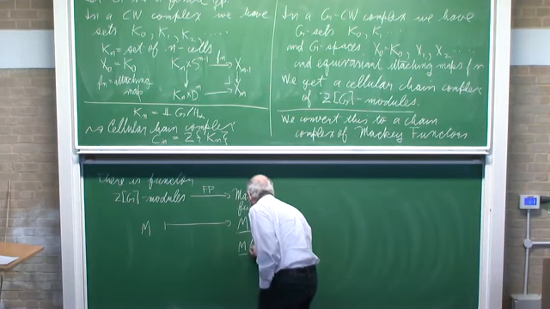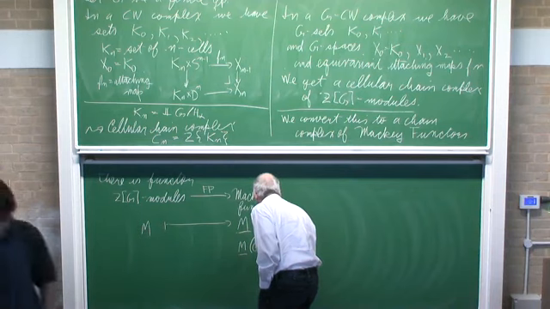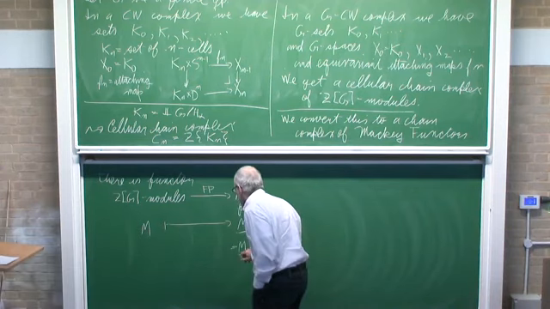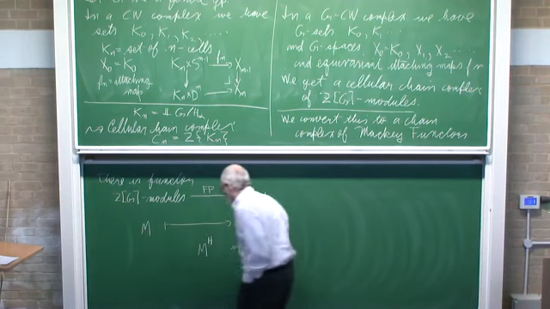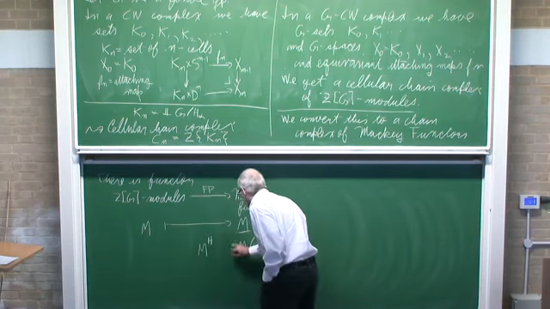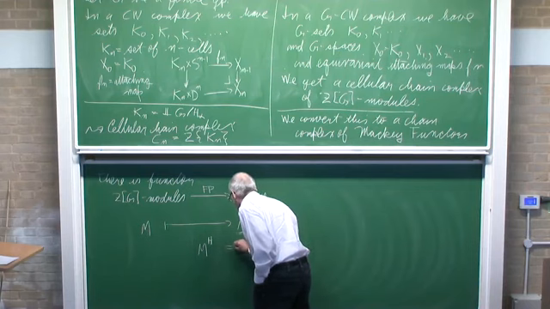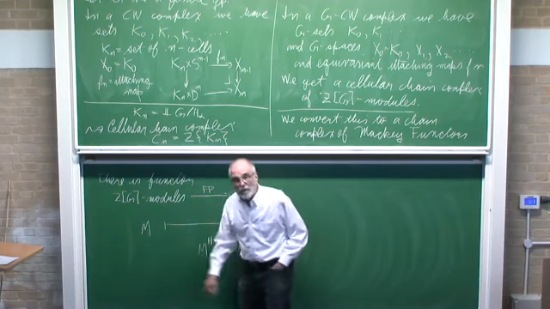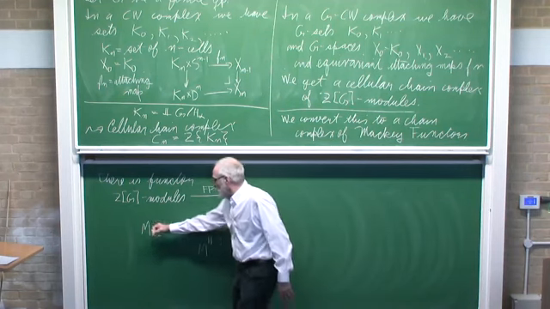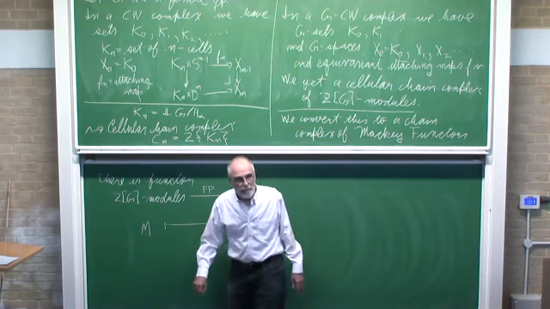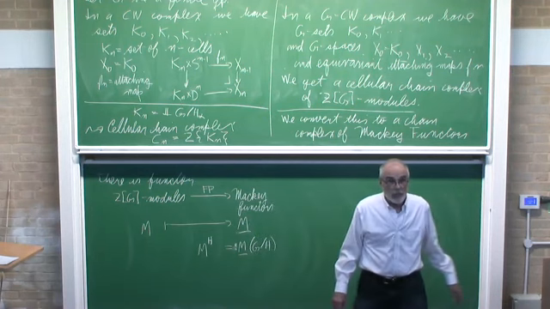The value of this Mackey functor on G mod H is, I take my original ZG module. A ZG module by definition is an abelian group equipped with a G action.